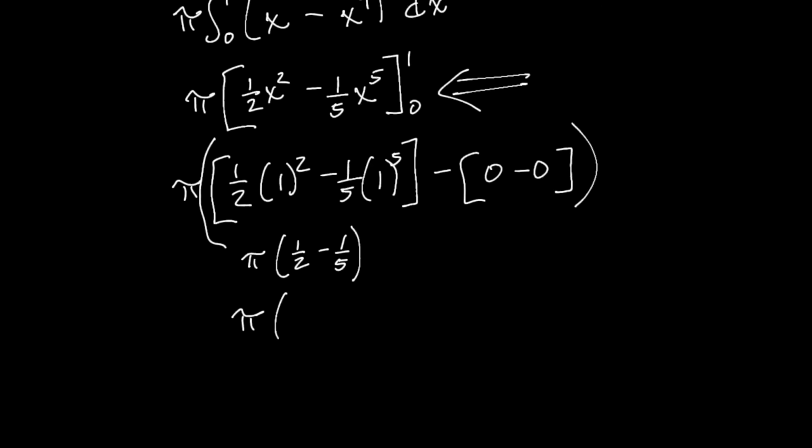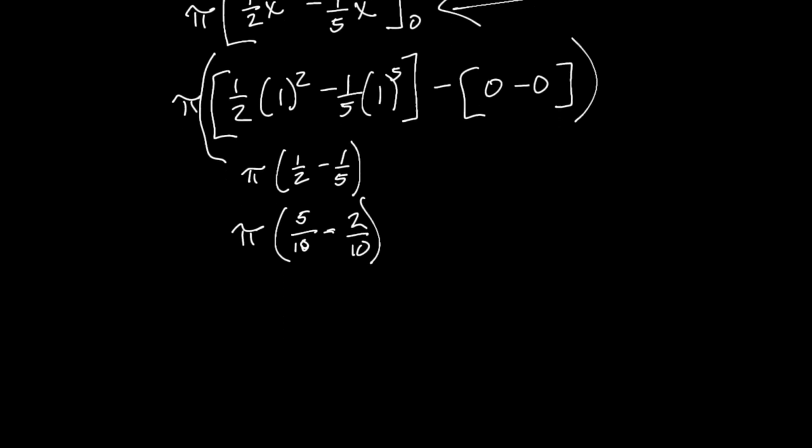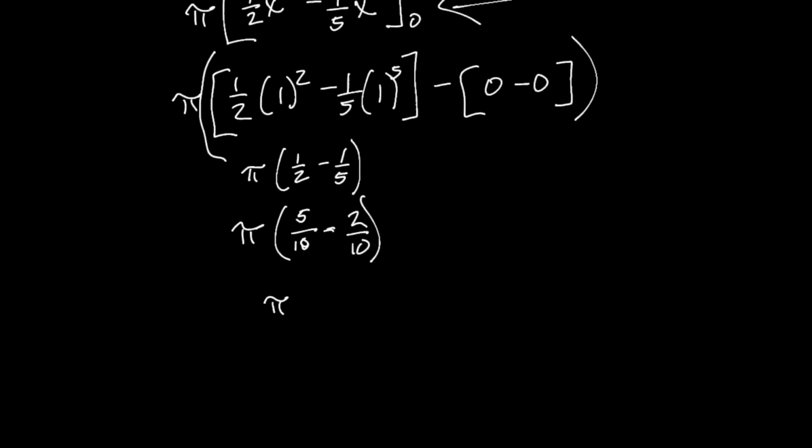Pi, I don't even know why I'm doing this, but that would be 2/10 minus, let me get a common denominator. Well, nope, that would be 5/10. Boy, oh boy. Can tell it's a Monday here. So, 5/10, sorry about that. Minus 2/10, which would give you 3/10.